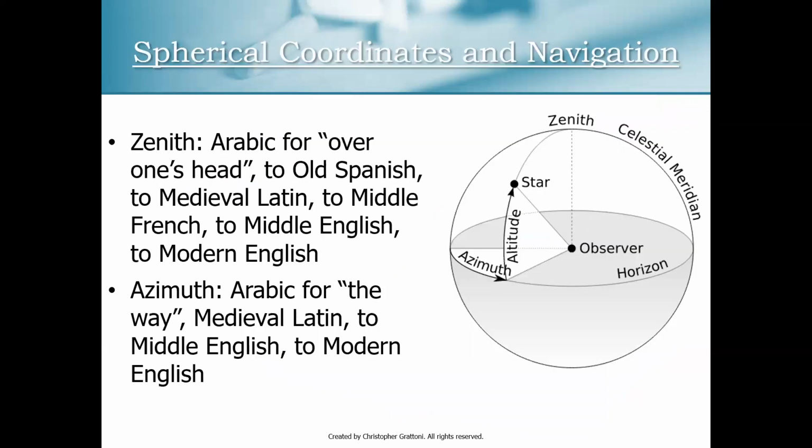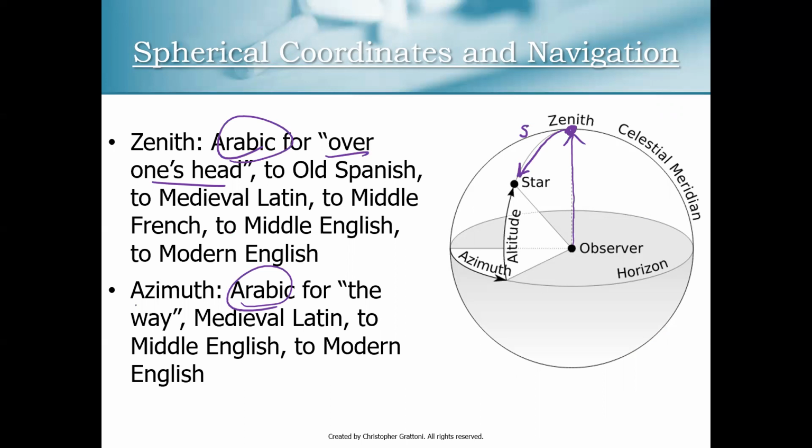So zenith and azimuth both have a very interesting etymology. I don't want to spend too long on this, but these words are hundreds of years old, and they come from Arabic. It comes from an era when people were trying to navigate the globe, taking ships, trying to go very long distances. Zenith is Arabic for over one's head. That makes sense because for the zenith angle, you're starting from the positive branch of the z-axis, and you are rotating down s radians from the positive z-axis.